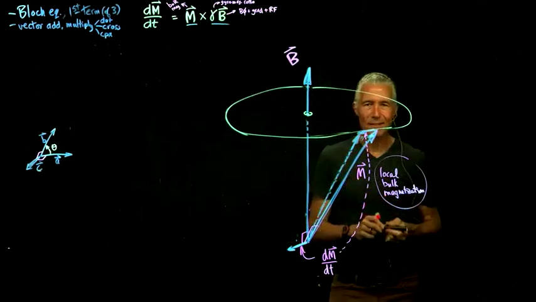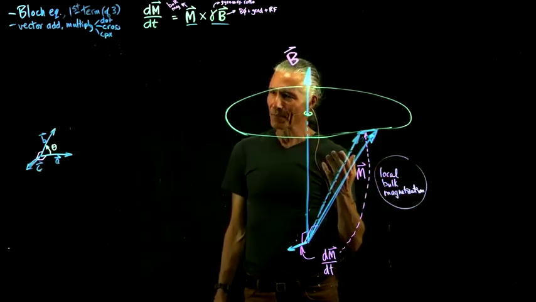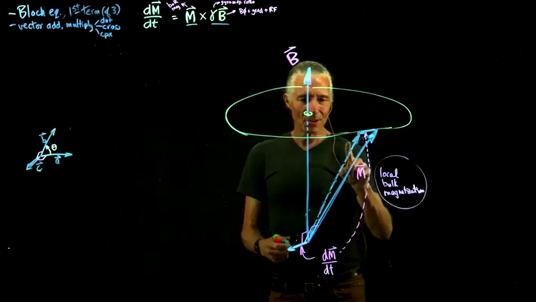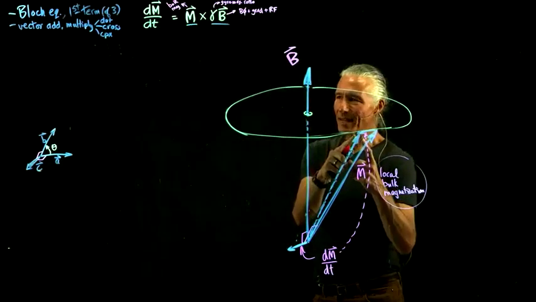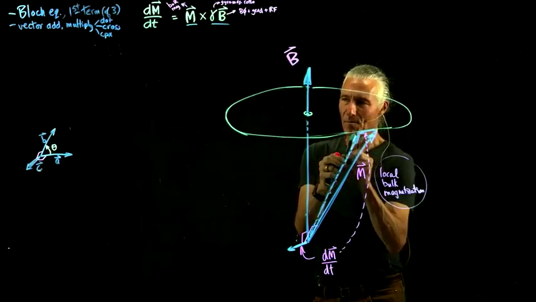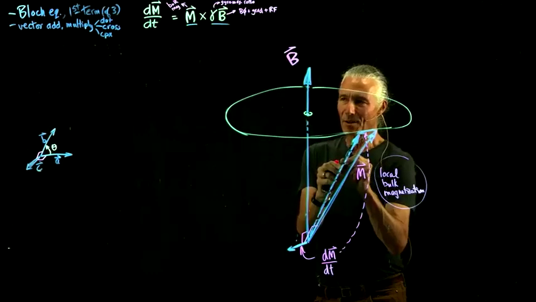But that doesn't tell us what's going to happen for a large amount of time. So let's try to intuit what's going to happen here. If that's the next position of the vector, so it went around the circle a little bit, what is that going to mean for the next cross product?